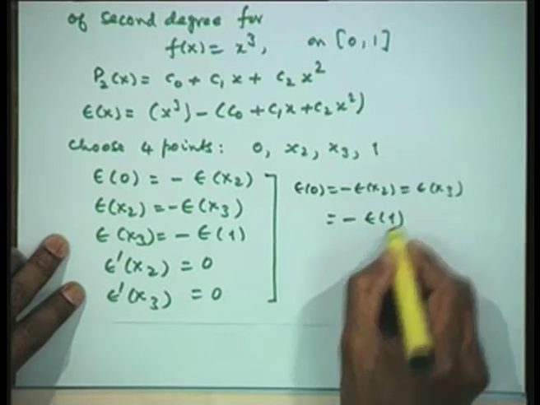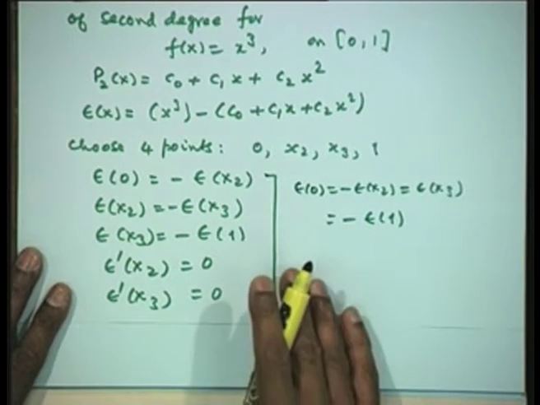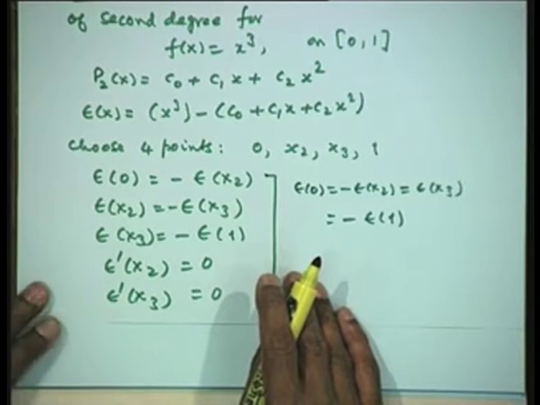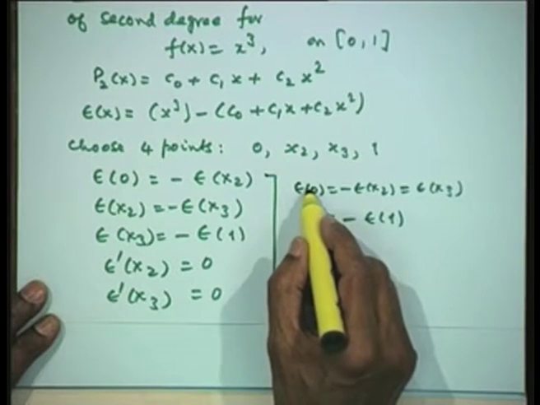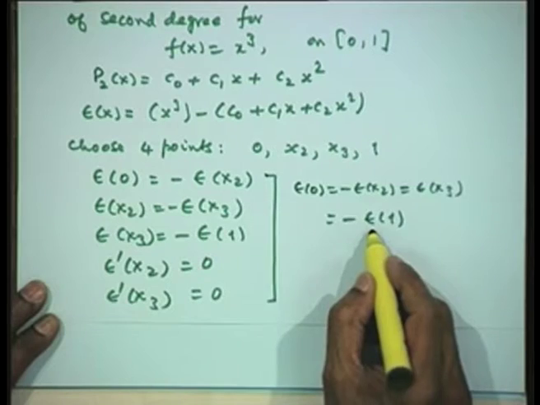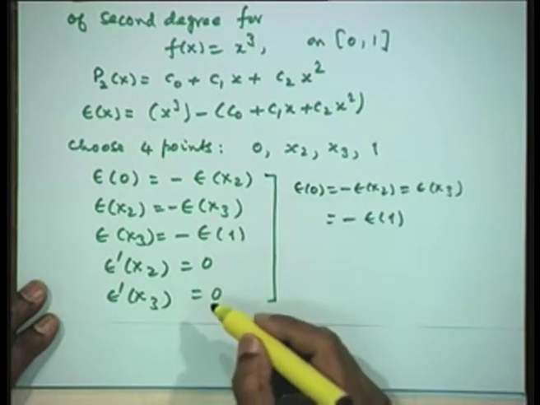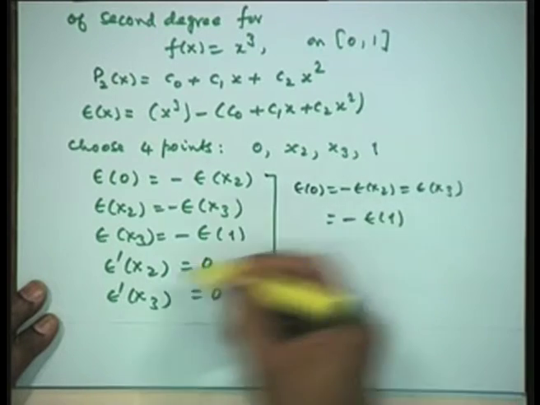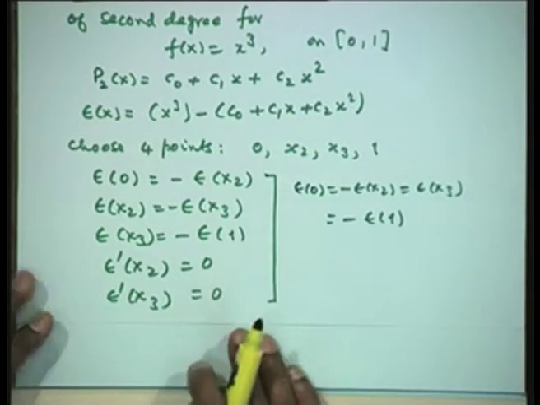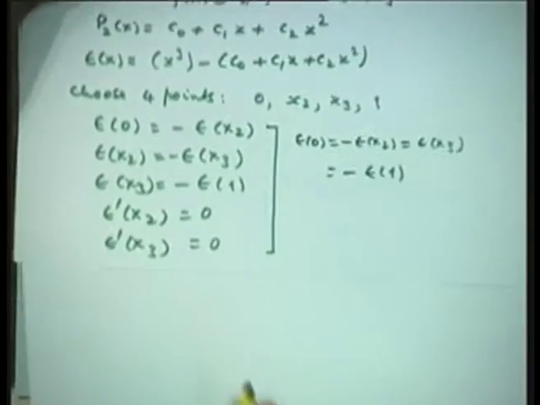So that particular equation which simplifies the first equation starts with epsilon 0 is minus epsilon 1, and it will have only one parameter, therefore I can solve that particular equation immediately and then substitute backwards in these equations to get the values of the other parameters.